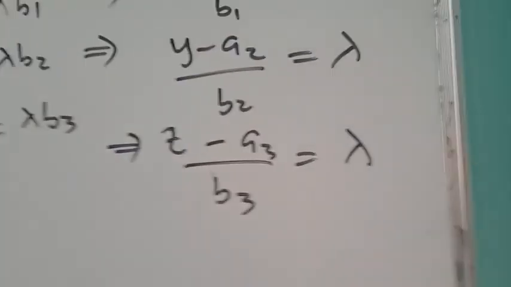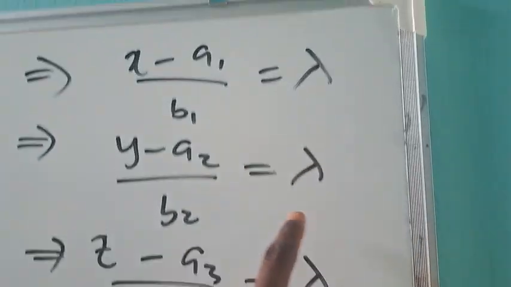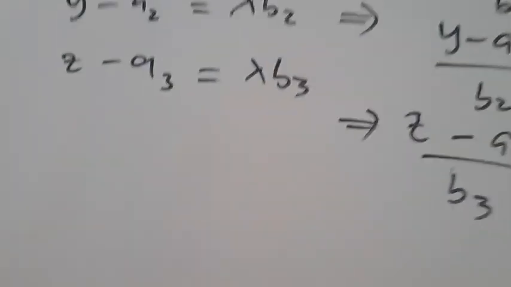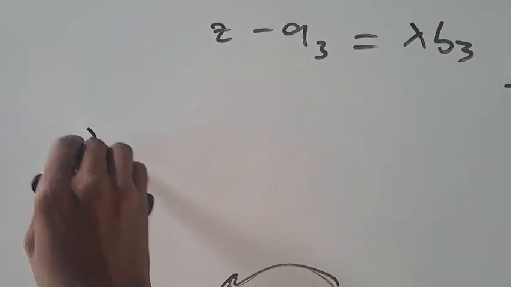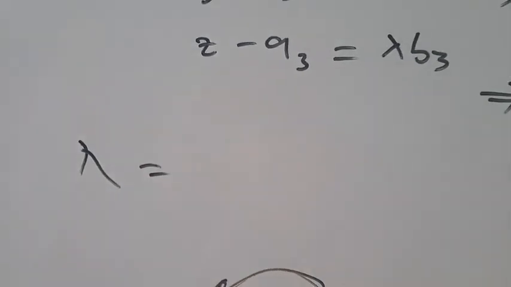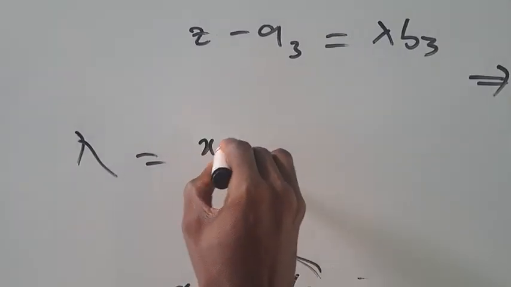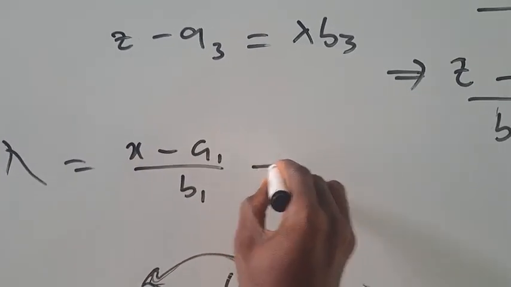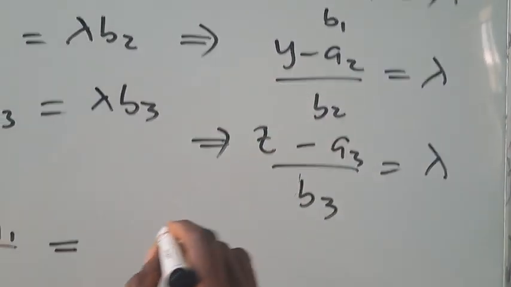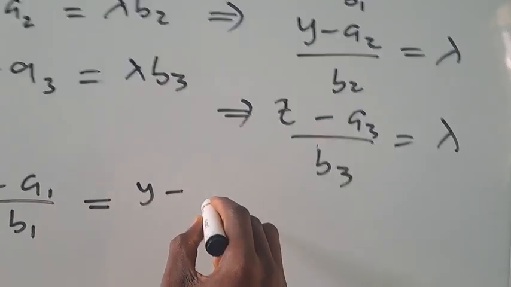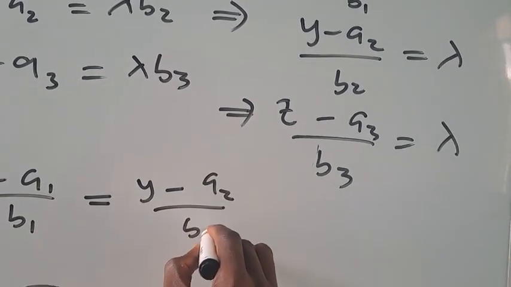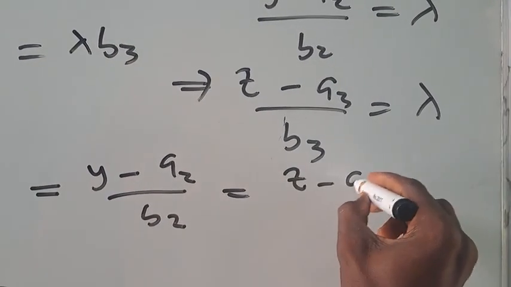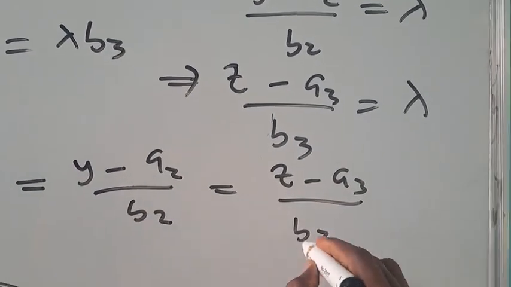Notice in this case that lambda is equal to this, lambda is equal to this, lambda is equal to this, which means that we have lambda as x minus a1 over b1 equal to y minus a2 over b2, which is equal to z minus a3 over b3.